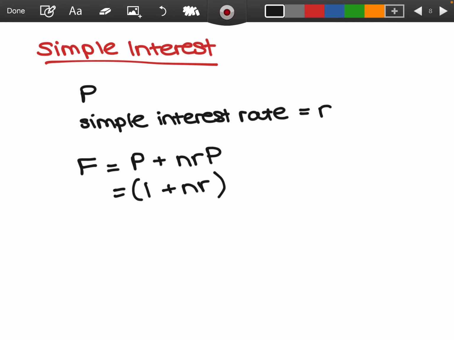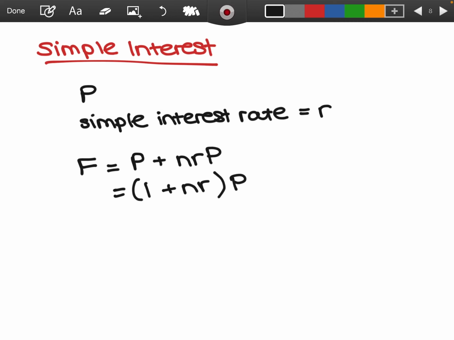Okay, so another way of writing this is 1 plus nr times P. Okay, so our future value is just whatever we started with plus our rate times the principal value, so how much interest we have accrued, and then we do that n times, over n different periods, however long they want you to do this for.